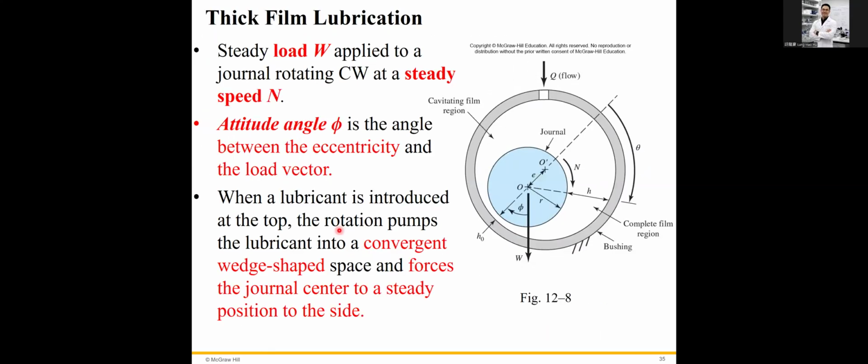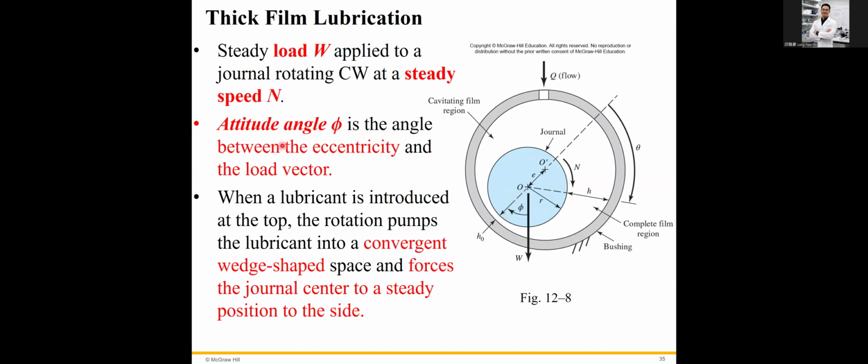Okay. And the steady load W is applied to the journal bearing, rotating counterclockwise at steady speed N, RPM. And there's a constant steady load W, or say the weight of the journal. And the attitude angle phi, where's the phi here?